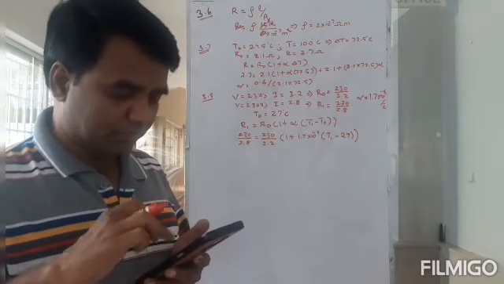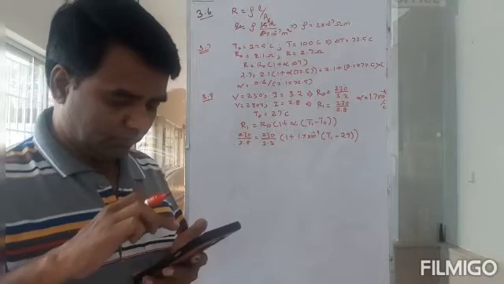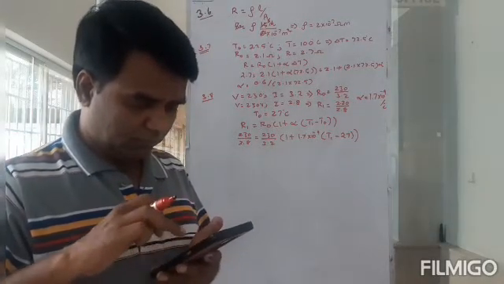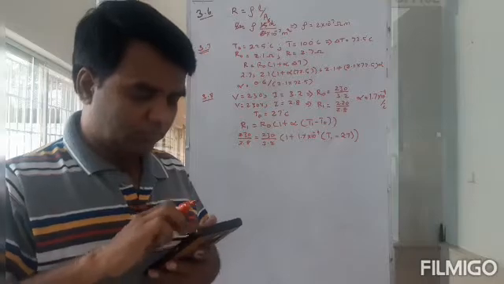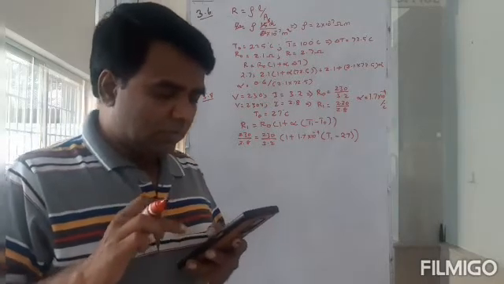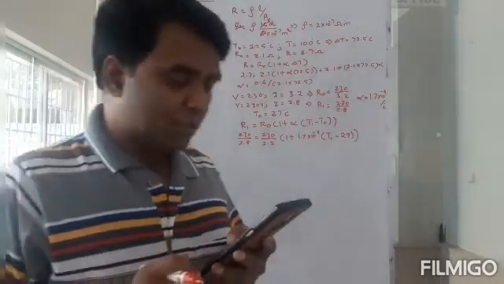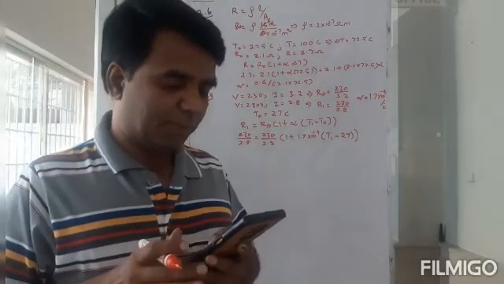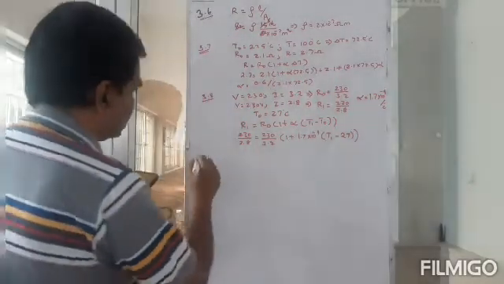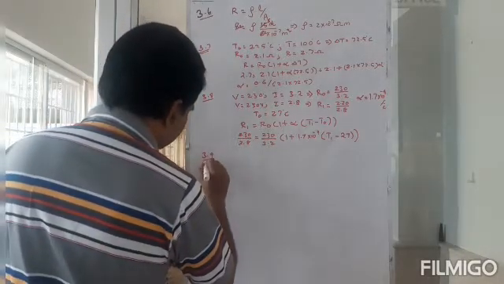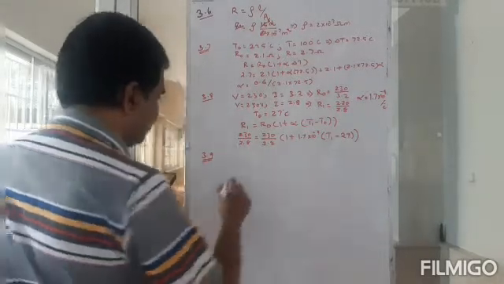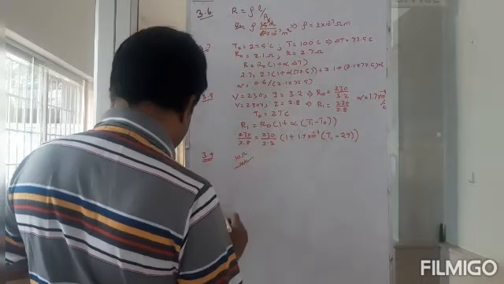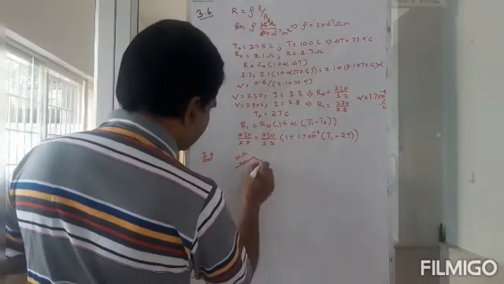So the next problem is 3.9. Determine the currents in each branch of the network shown. You see, 3.9 is this. You have 10 ohms and then 5 ohms.